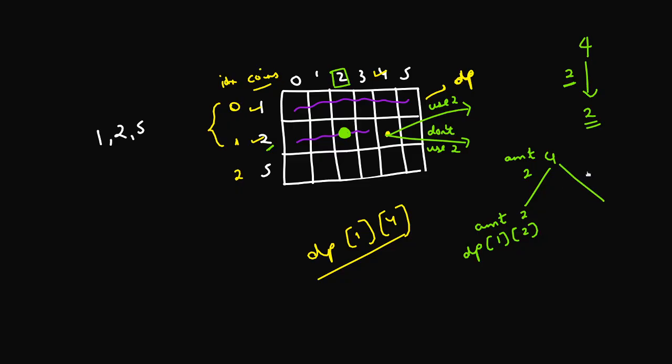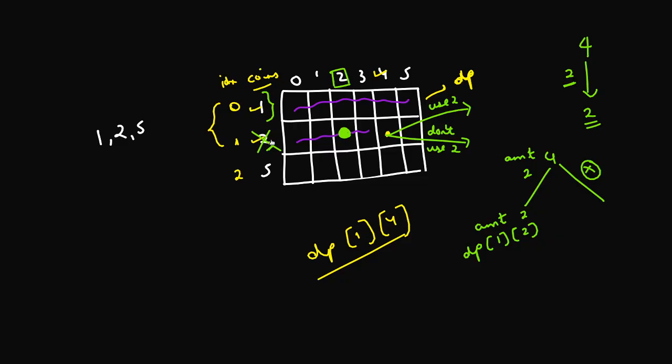What if I don't use 2? That's the second way to do it. If I don't use 2 at all in my final answer, that means I am not even considering this coin of denomination 2. That means it's equivalent to having only this coin of denomination 1.